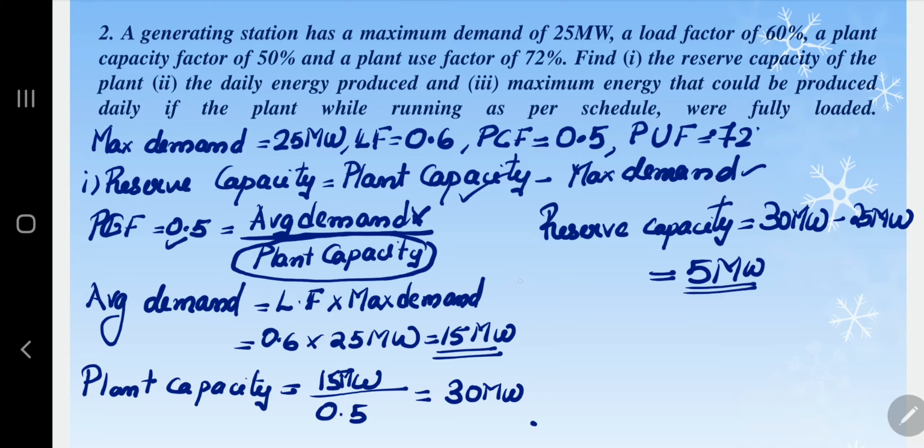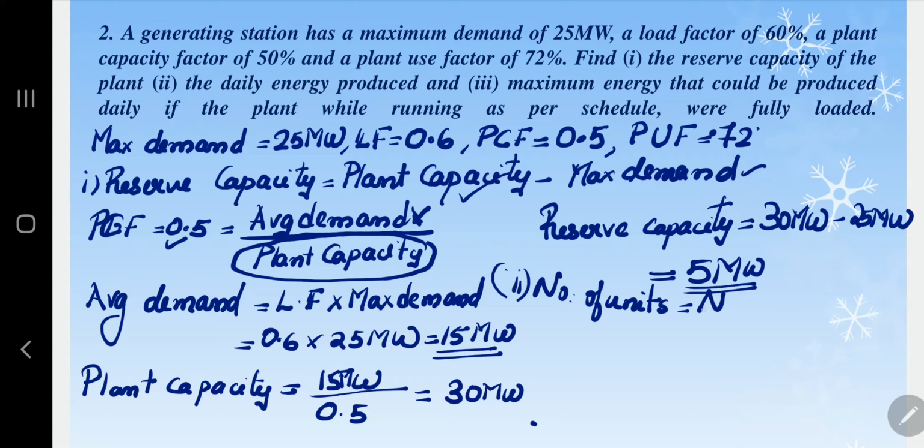Now, what is the second question? The second question is to find out the daily energy being produced. The daily energy being produced, or the number of units generated, can be found with the average demand, which we have already found out.